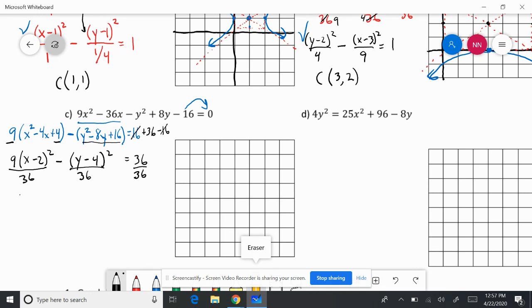And when I do that, what I get is (x minus 2) squared over 4 minus (y minus 4) squared over 36, and that's equal to 1. So the center is going to be (2, 4).